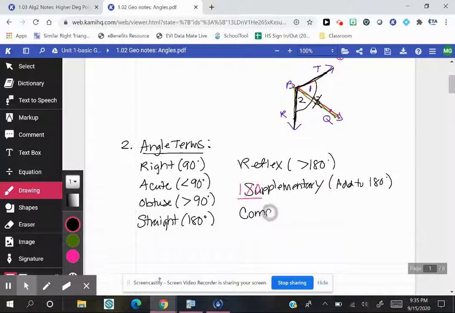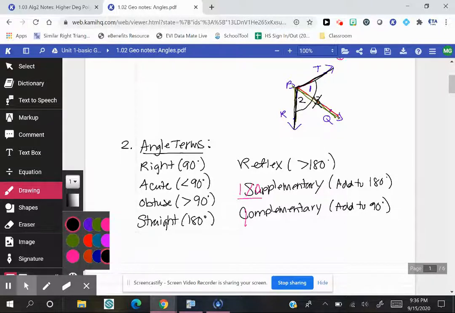And then complementary means that the angles would add to 90 degrees. That one is even cooler. You can make the C into a 9 and you already have the 0. So that makes it 90 degrees, if you need a way to help you remember how many degrees the angles will add to if they're complementary and how many degrees they add to if they're supplementary.